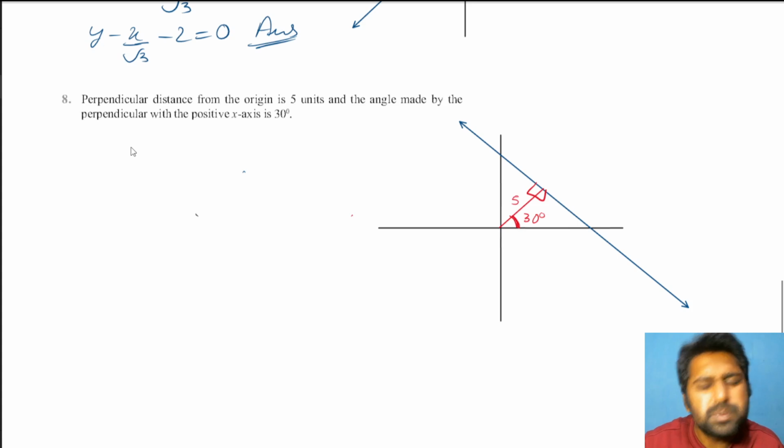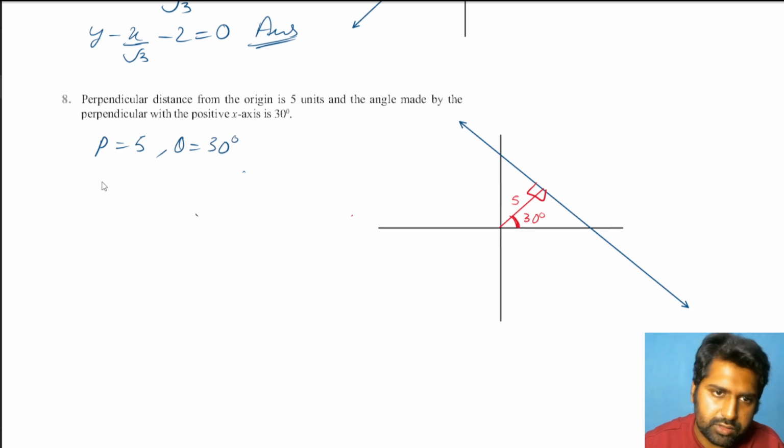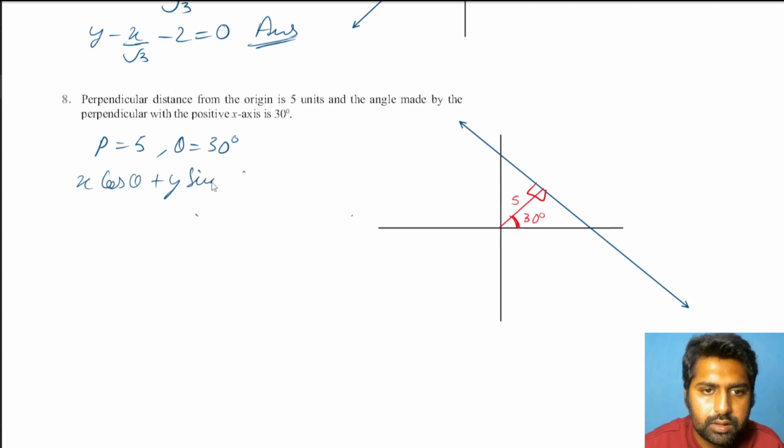So all you have to do is put down the values. I told you that form is not that significant unless the question wants you to use normal form. So your p, the perpendicular distance, is 5 and your theta is 30 degree. The format directly goes like this: x cos theta plus y sin theta is equal to p. Put the values.